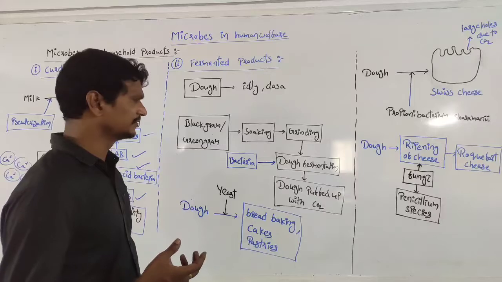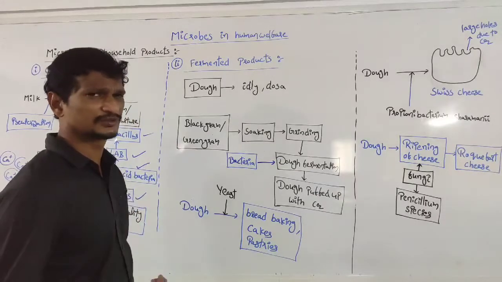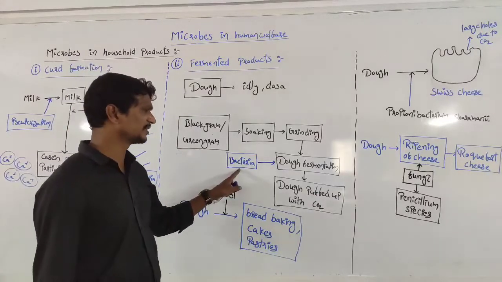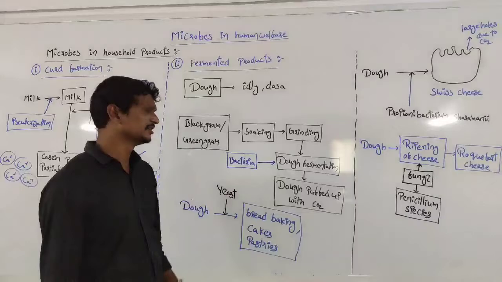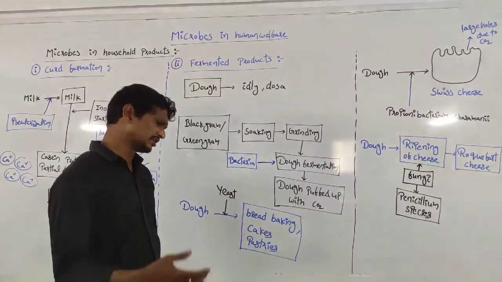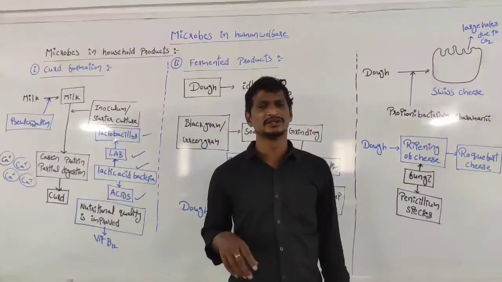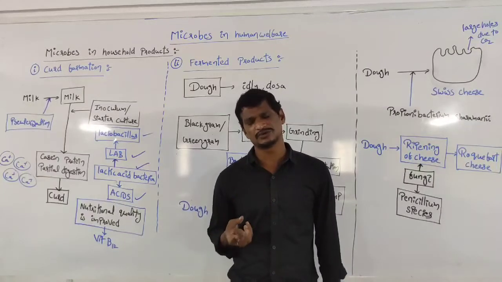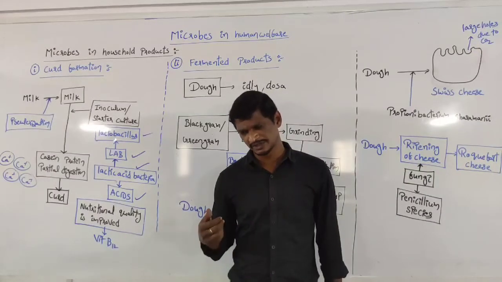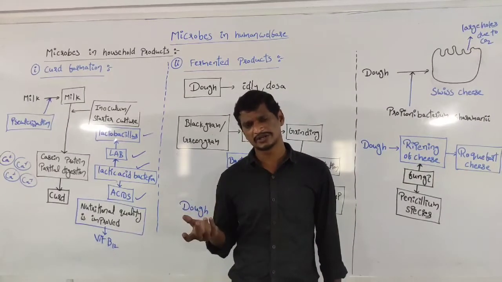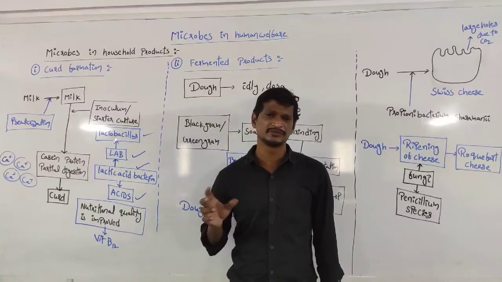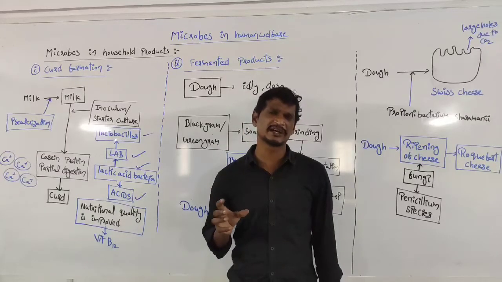The dough is subjected to the fermentation process, which is done by bacteria. If I want to eat idli or dosa tomorrow, I need to prepare the dough this evening, because from tonight to tomorrow morning, fermentation will be done by some bacteria.